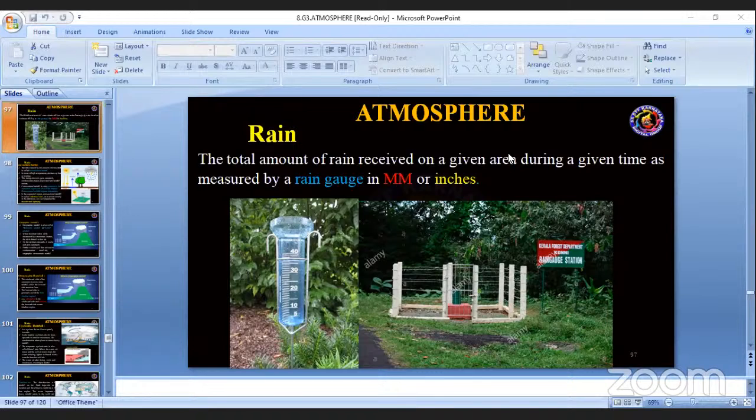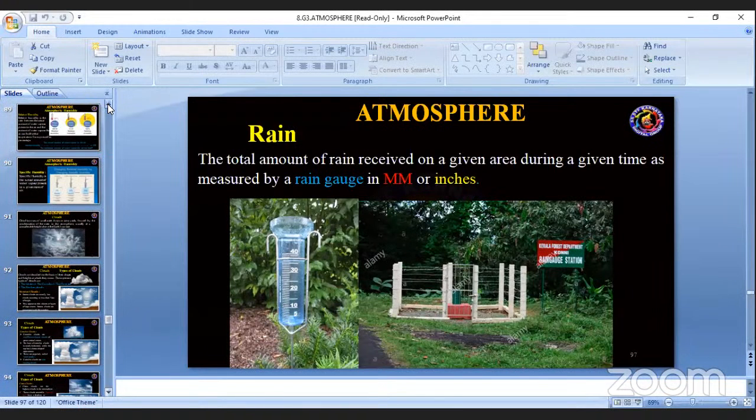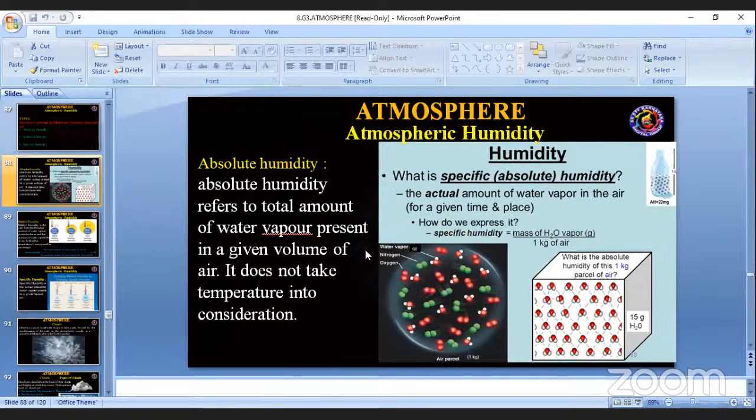In absolute humidity, we measure per cubic meter. In the picture, I already showed this in the last class. Let us understand once more, because a number of students will have confusion regarding this.